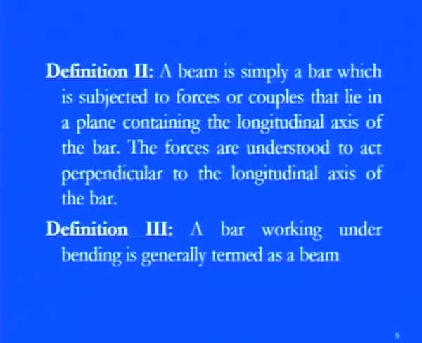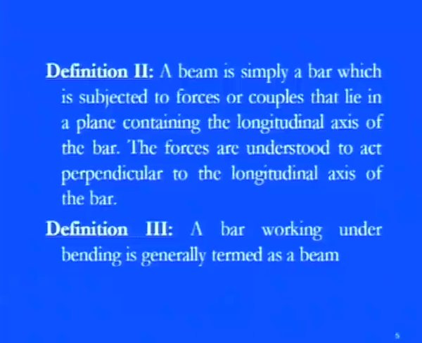That means it is always fixed along a particular horizontal direction, the longitudinal axis, and whatever actions come, like point loads, different varieties of loads, couples, moments or torque, they are always in the plane of the longitudinal axis, and the forces are understood to act perpendicular to the longitudinal axis of the bar, in terms of compression, extension or shearing actions. If we are talking about such a specimen, then it is termed a beam.